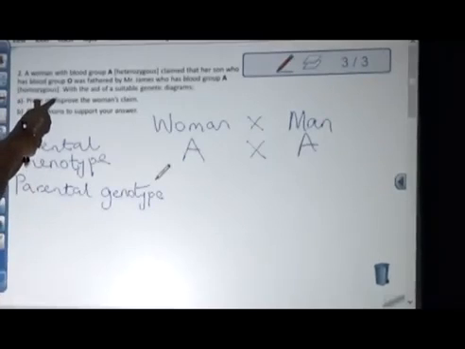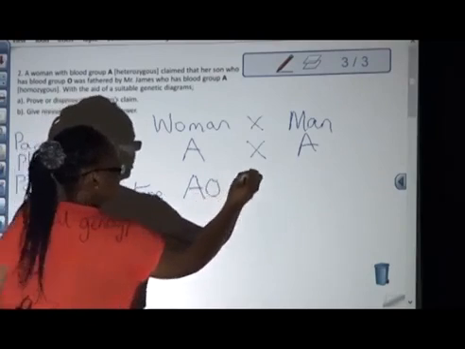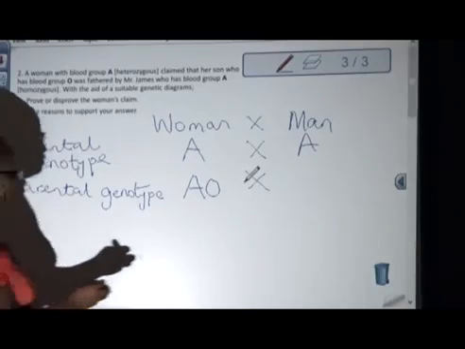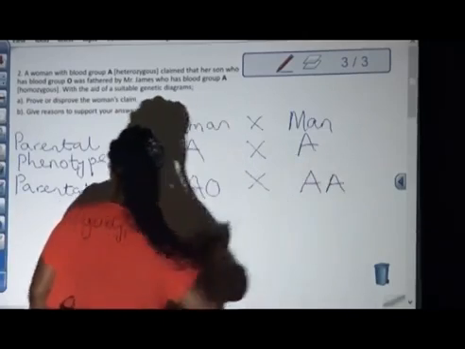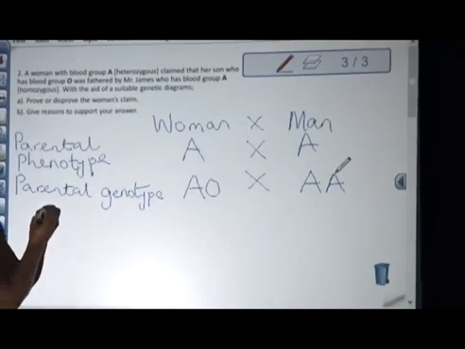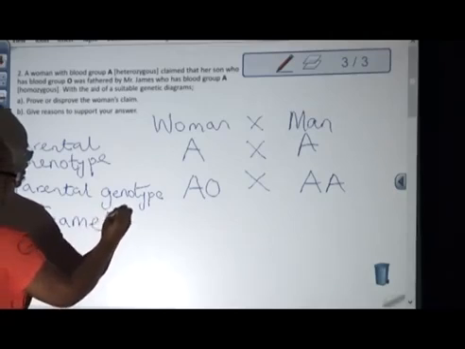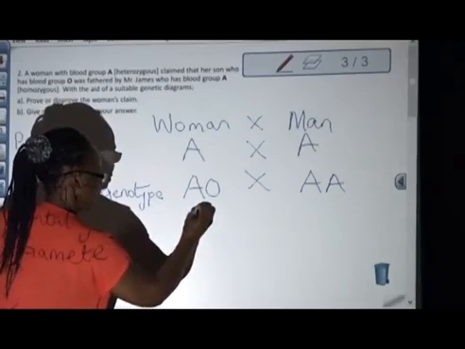The woman is heterozygous A. What would that be? That is AO. And the man is homozygous A, so AA. The next step, the gametes. You separate it to show the segregation of genes.